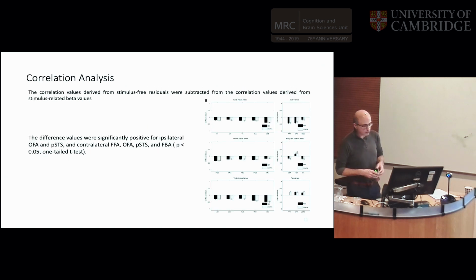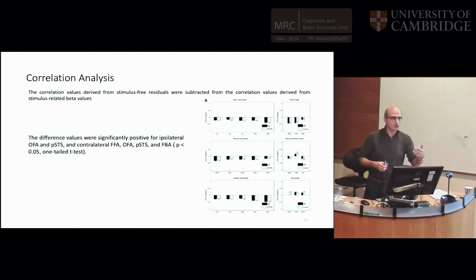So one question that may arise is that these correlations and also these regressions may be derived by stimulus-related correlations. Because we have shown a stimulus, some of these correlated activities between areas may be related to the stimulus that we have presented.